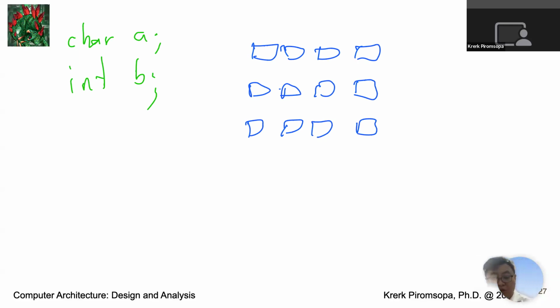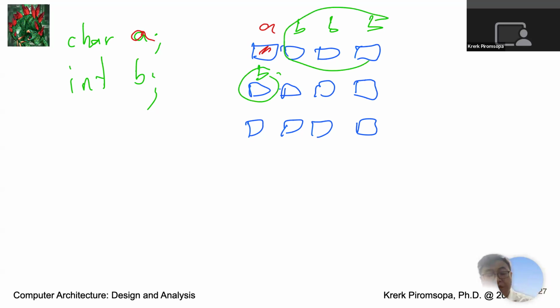If I want to do standard memory allocation, A goes here and B goes here. A is 1 byte, B is 4 bytes, 32 bits. Which is bad because now if I want to read B, I have to take 2 cycles.